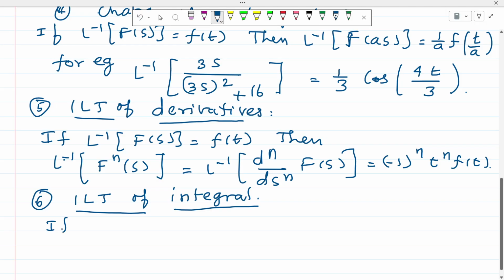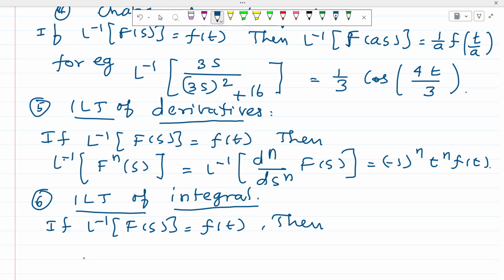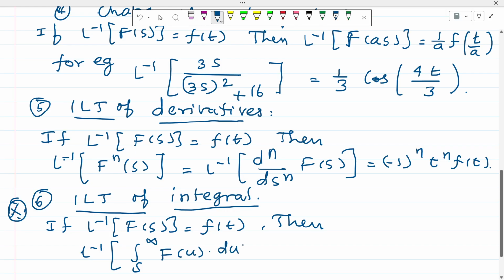If L inverse of F(s) equals f(t), then, and this property is more important, L inverse of the integral from s to infinity of F(u) du is equal to f(t) by t.